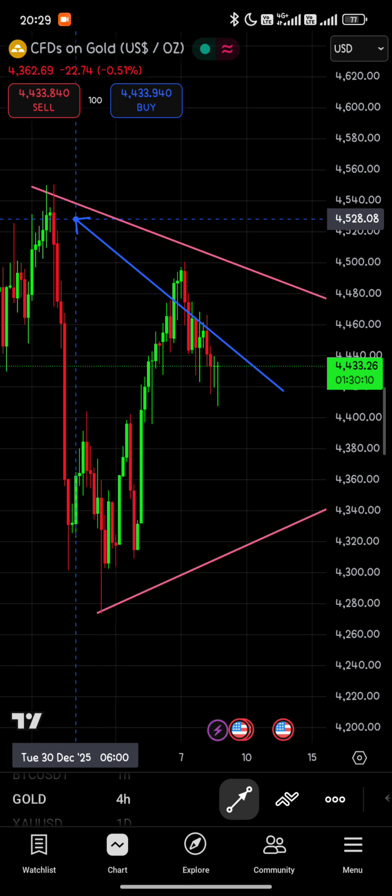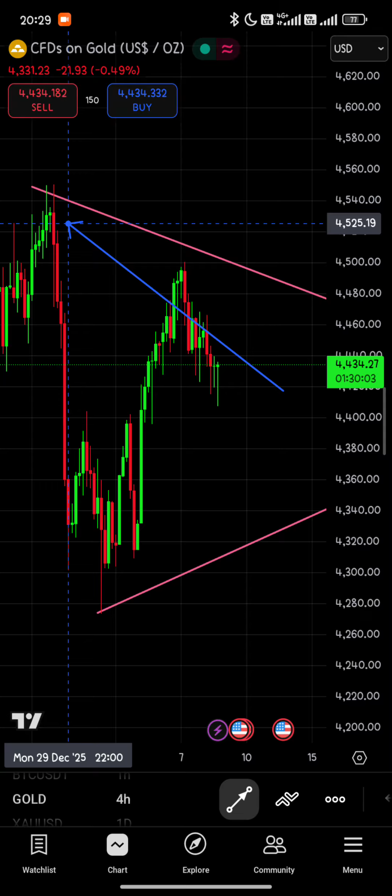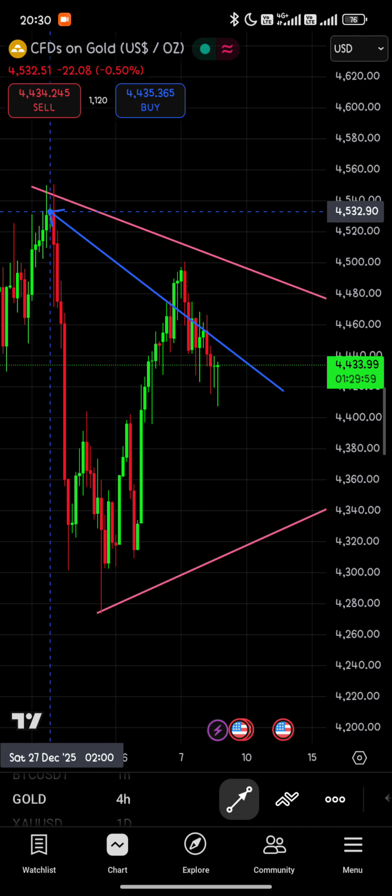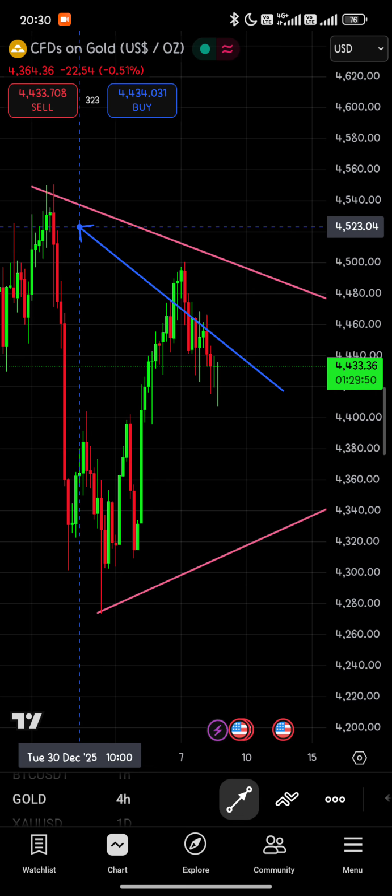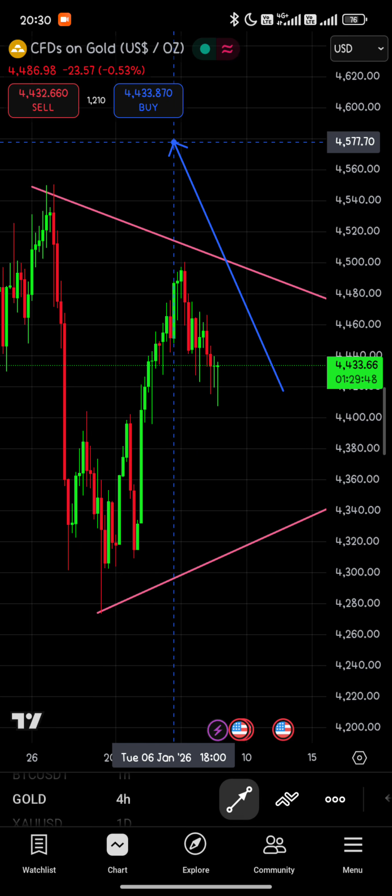Because most of the time, the majority of the traders are going to suffer losses rather than profit. So when the market pushes up, triggering sell limits, which means the majority of the traders are getting sell positions or short positions, the market needs to push up further.